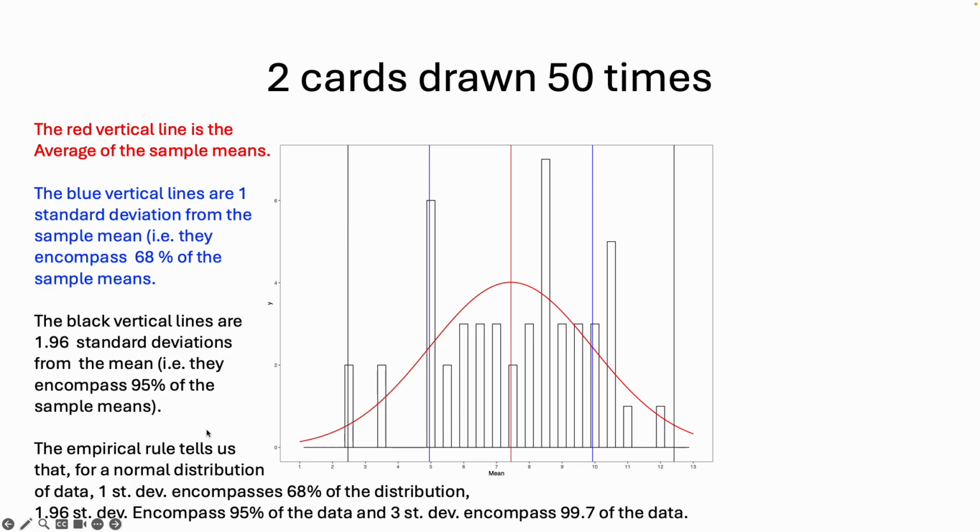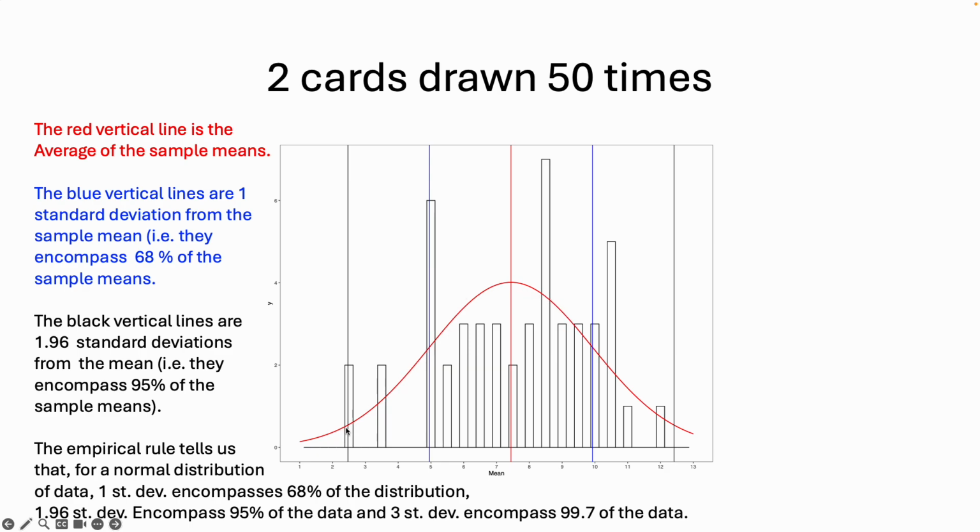And this is where the empirical rule comes in. We can estimate what the normal curve would look like based on where the mean is located and the spread of the distribution of sample means. So looking at the average value and the spread of the values, we can project what an expected normal curve would look like.